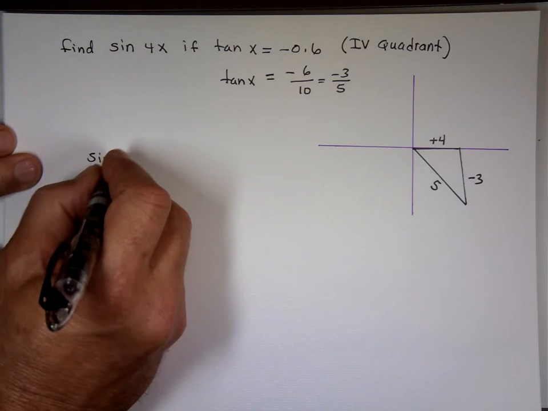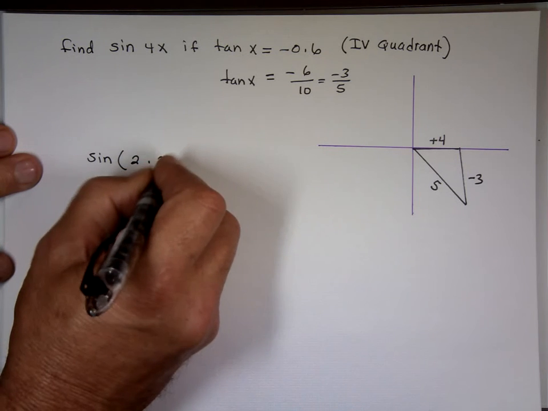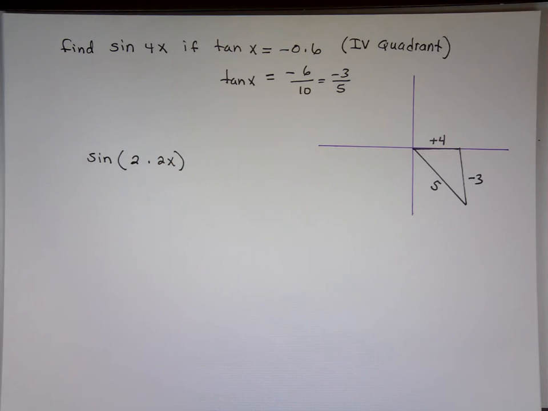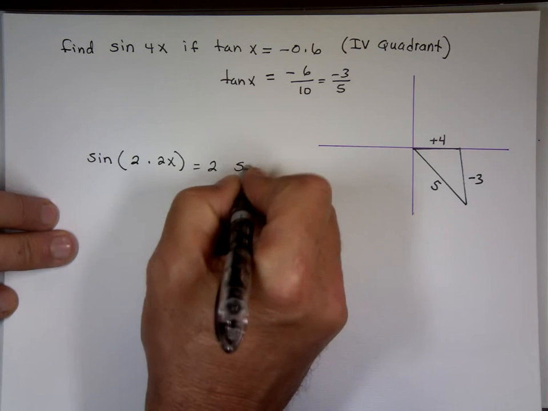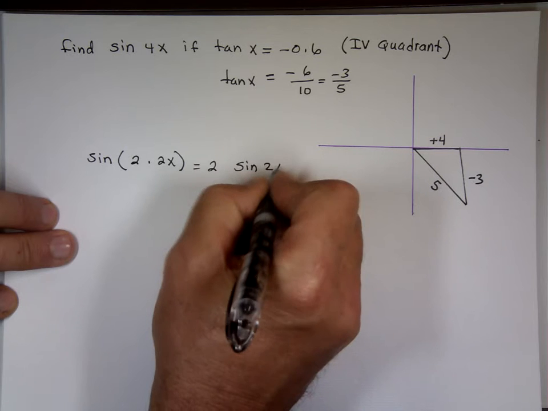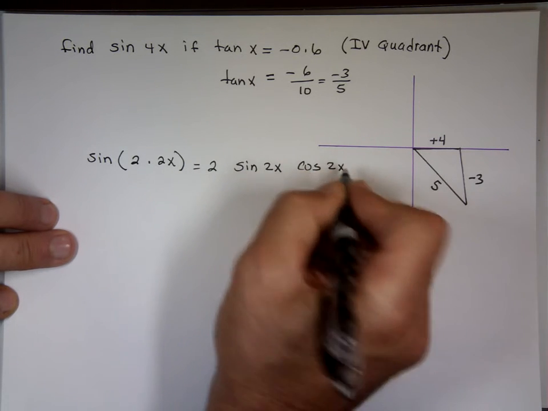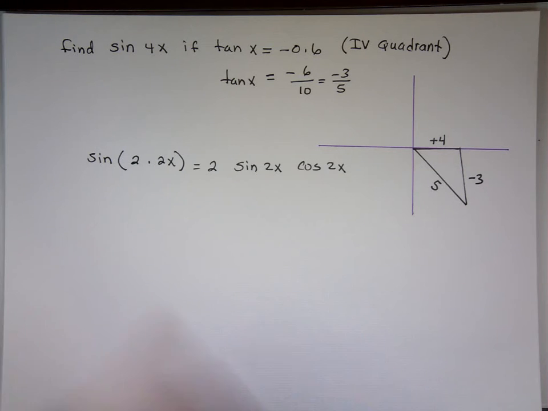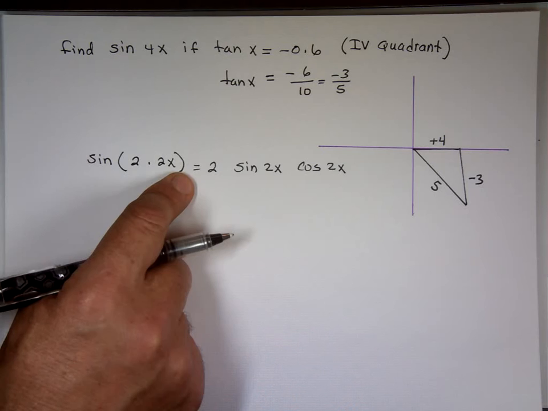Because we don't have a 4x. 2 times 2x, twice that number. So if I do that, the answer is going to be what? 2 times sine of 2x, cosine of 2x. 2 times sine of this, cosine of that. That's 2 alpha.